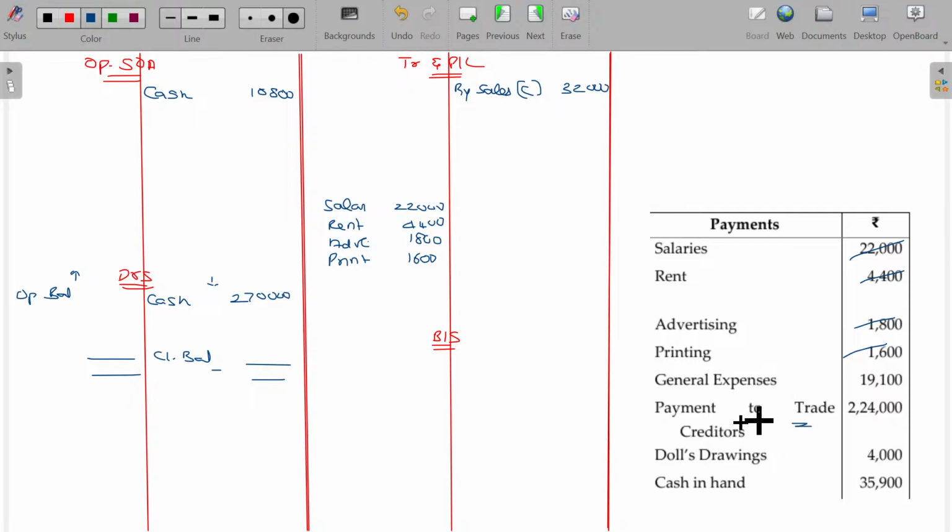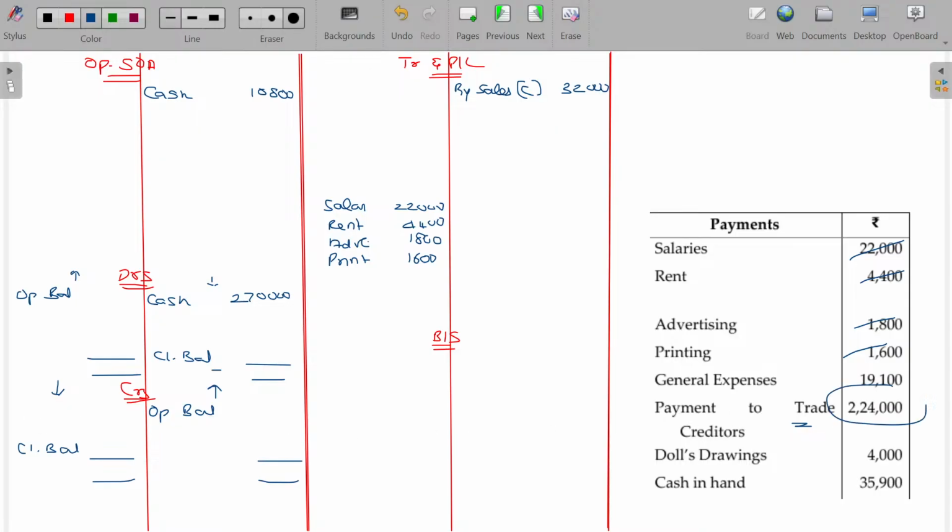Payment to trade creditors. So we have to open the creditors account also. Creditors opening balance will be on the credit side and the closing balance on the debit side. If the creditors balance increases, post it on the credit side; if it decreases, then on the debit side.